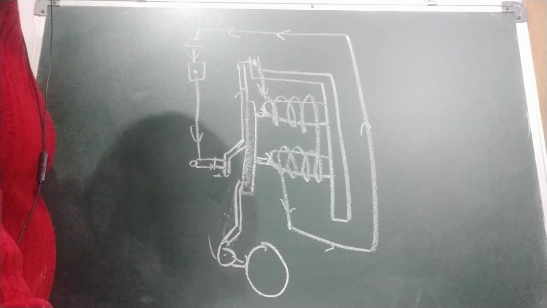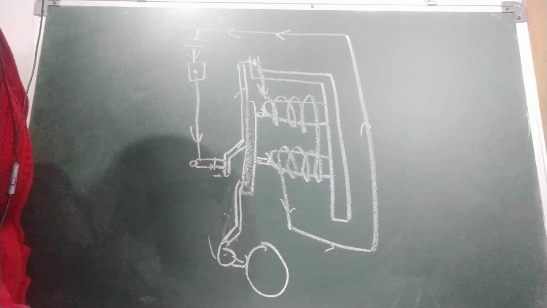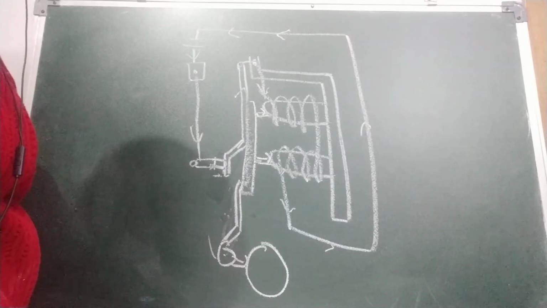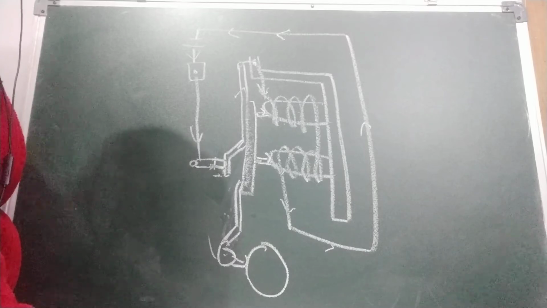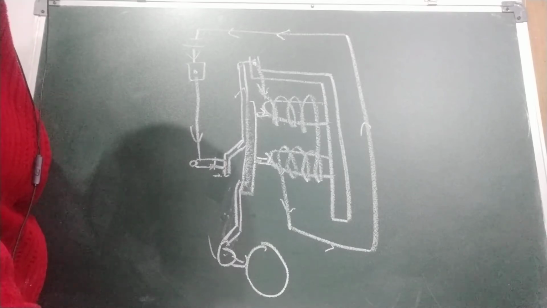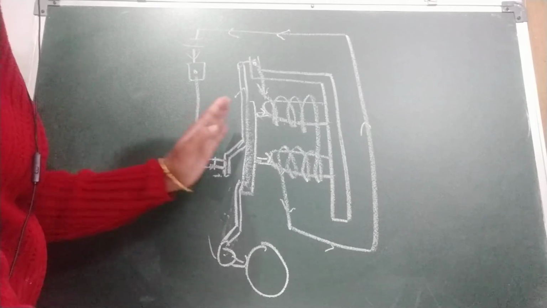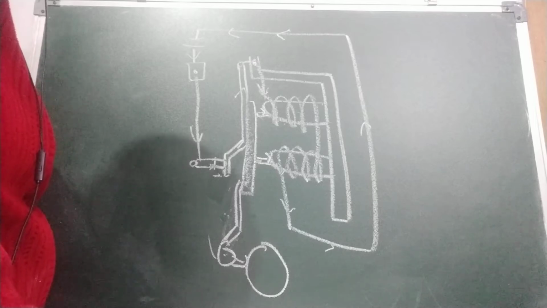At the same time, as I told you, the armature loses contact with the screw and the current is switched off. This causes the electromagnet to lose its magnetism and the armature springs back to its original position to close the circuit once again.